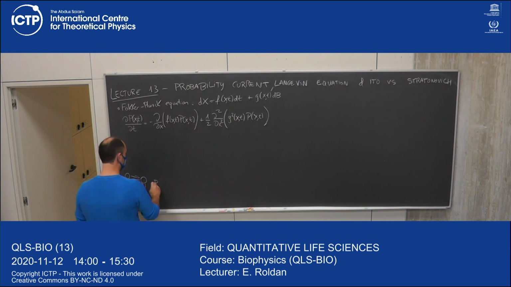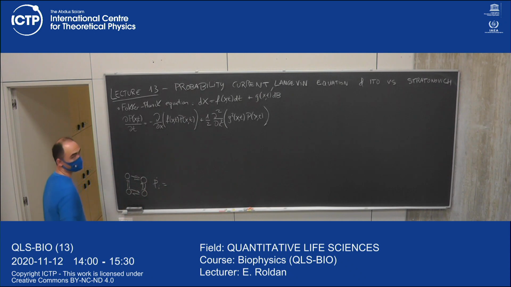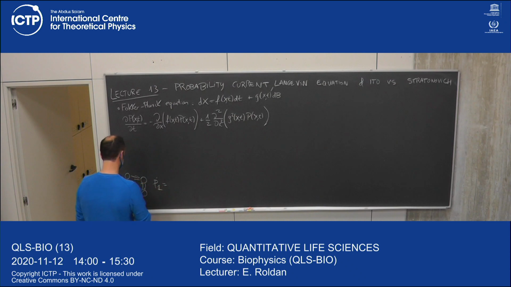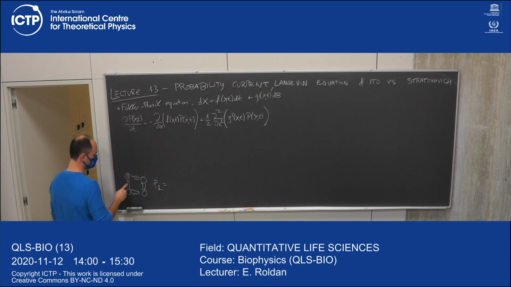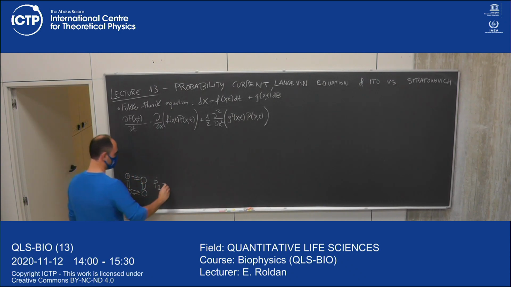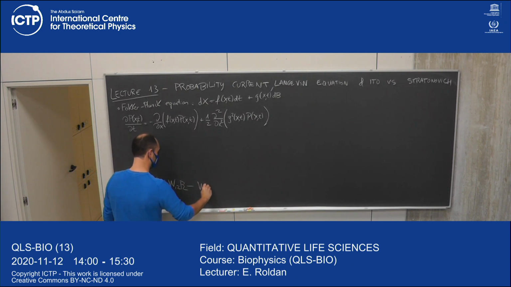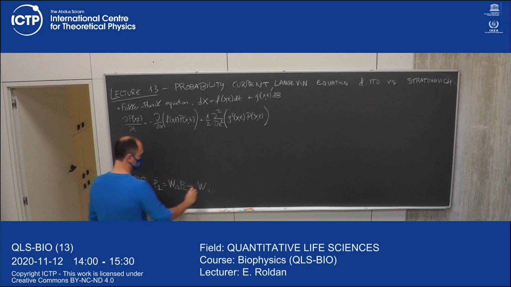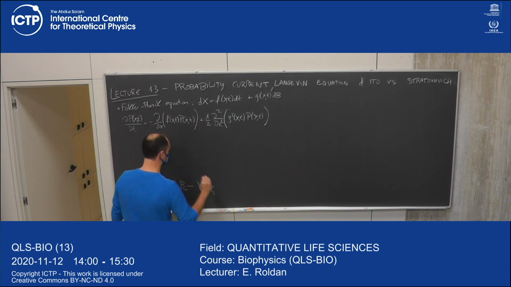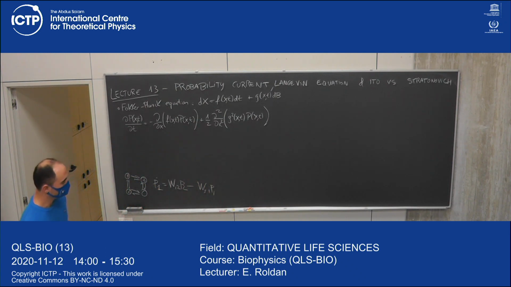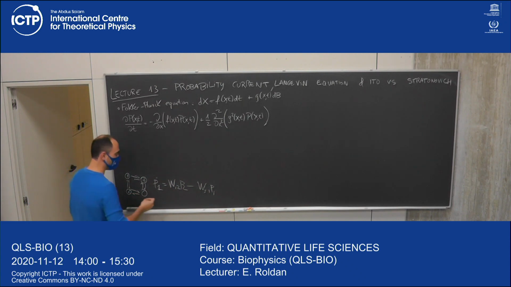So you could say p_i dot equals, you remember, there are the rates. For example, p1 dot, if state 1 goes to state 2, is w_12 p2 minus w_13 p1, for example. And then you could define the probability current anywhere.